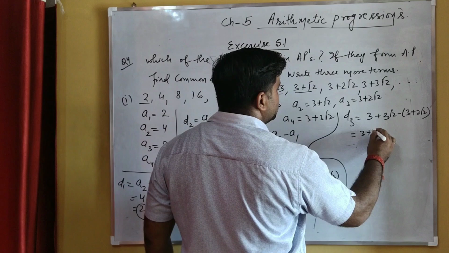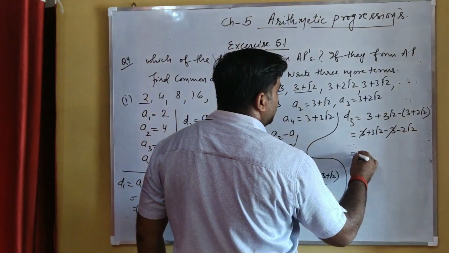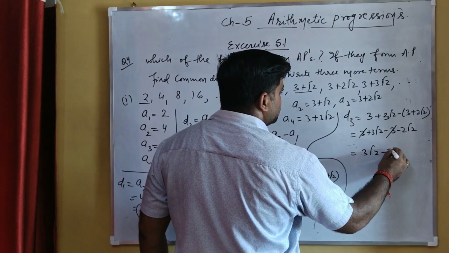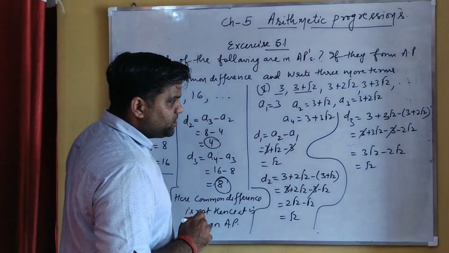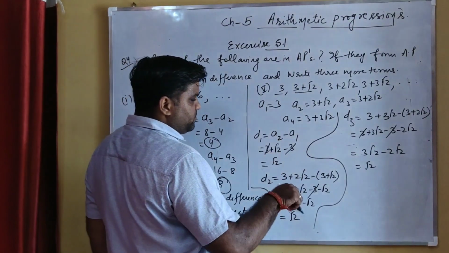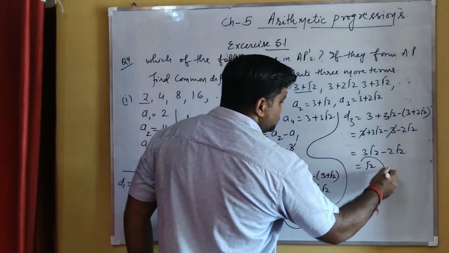So here on solving, 3 cancels out. So 3 root 2 minus 2 root 2, we get root 2. So here we can see that on finding the common difference between the terms, it is coming same.